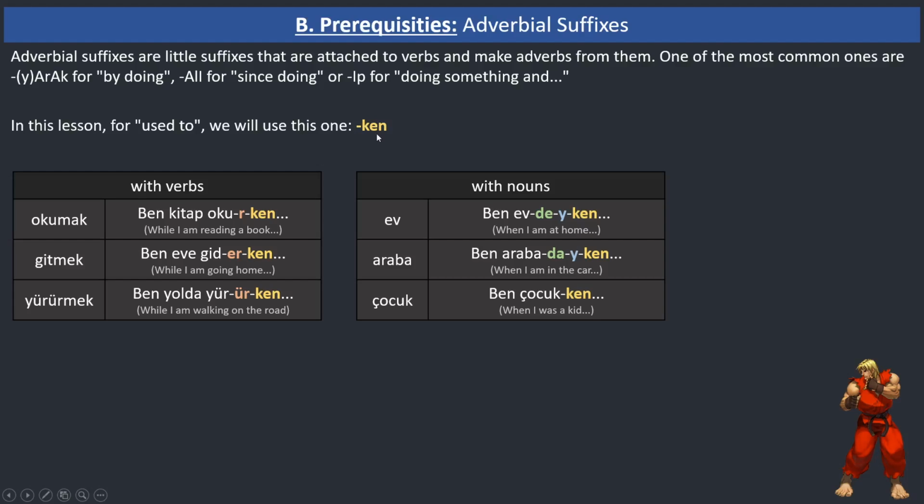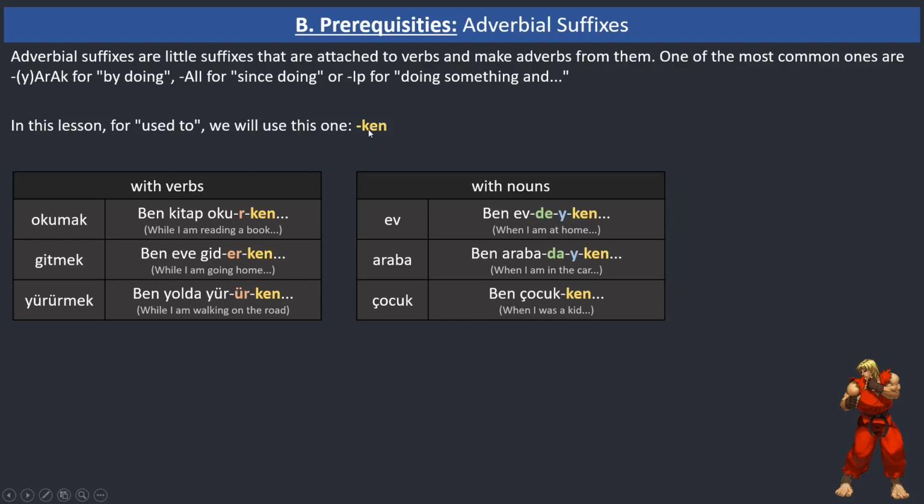Because you need to say something like when I was a child, when I was a kid, when I was in Turkey, when I was in the United States, when I was in school. So referring back to a past time or a past period of time, we need this ken suffix.